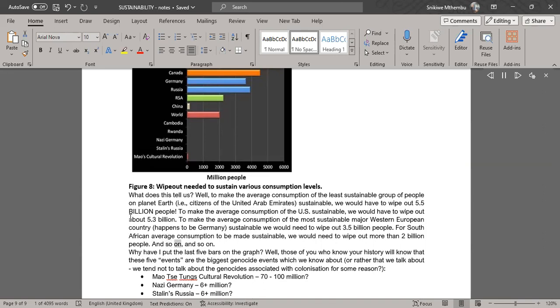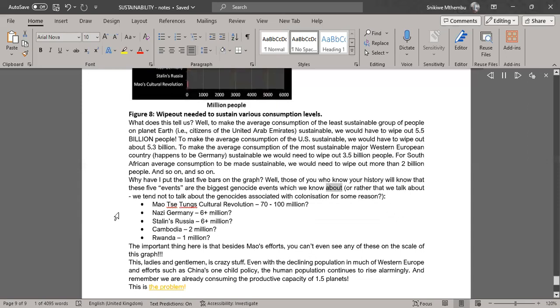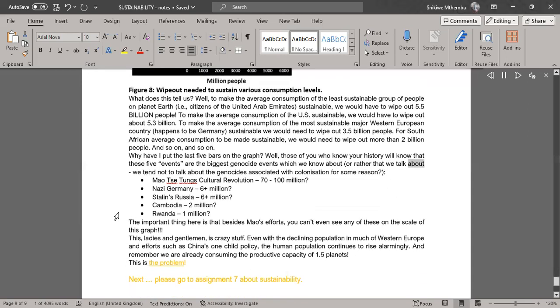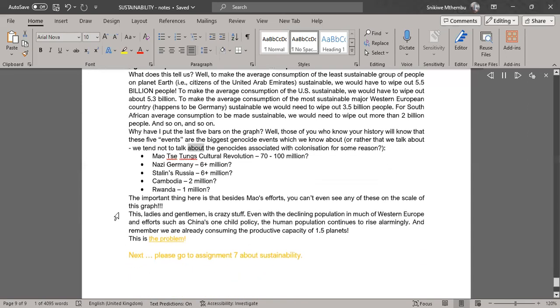And so on, and so on. Why have I put the last 5 bars on the graph? Well, those of you who know your history will know that these 5 events are the biggest genocide events which we know about, or rather that we talk about. We tend not to talk about the genocides associated with colonization for some reason.